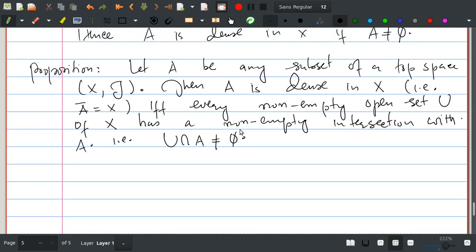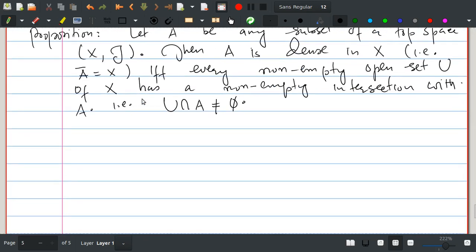So this characterizes the dense subsets in a topological space. So let us prove this.